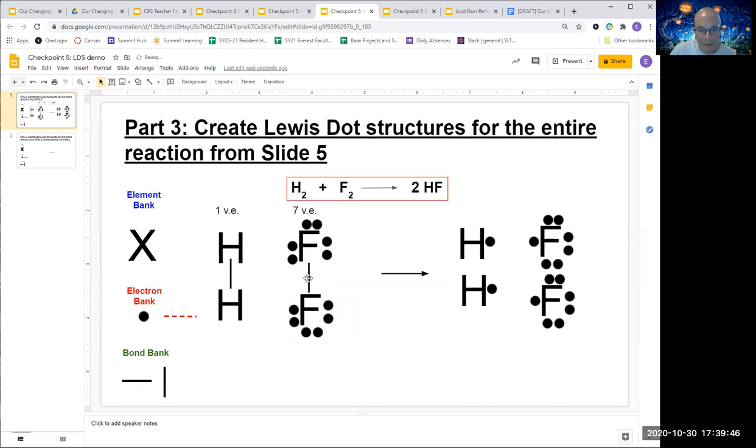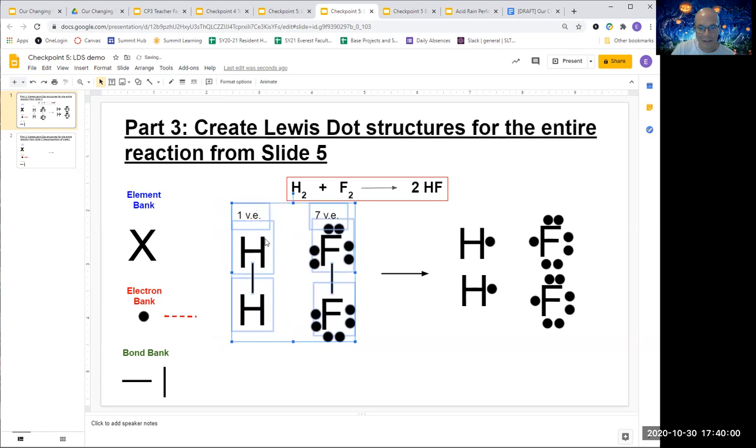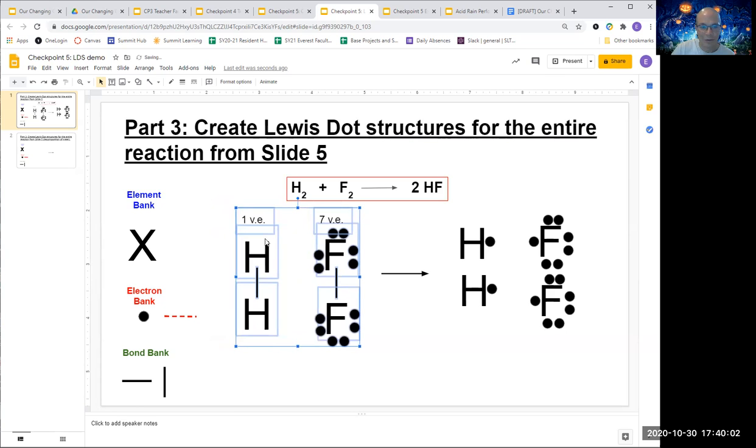And really, that's all there is to it for the left side of the equation here. We'll try to neaten that up a little bit. So on the left side of this reaction, I think we have everything that we need. Now let's move it over, get it out of the left side there, clean it up. And now on the right, we have all the atoms we need for our two molecules of HF.